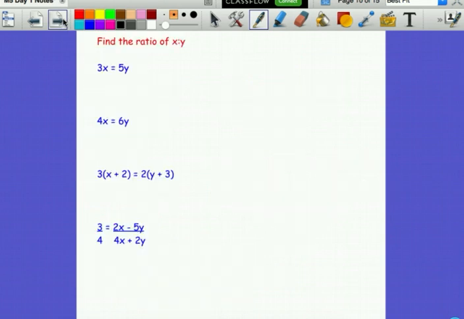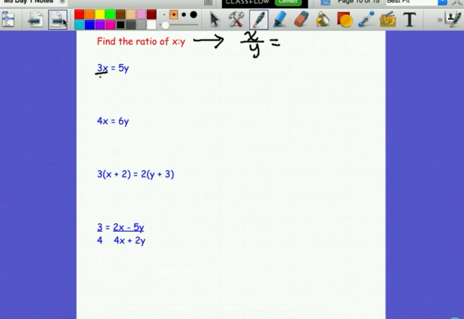So for these, we're going to find the ratio of x to y. So the ratio of x to y means that we need to come up with a fractional representation of x over y. So what this means is we need to get, on one side of the equal sign, x over y equals something. So looking at this first example, what I want to do is get rid of that 3 because I know I need x over y on one side of the equal sign, and I already have 3x there.